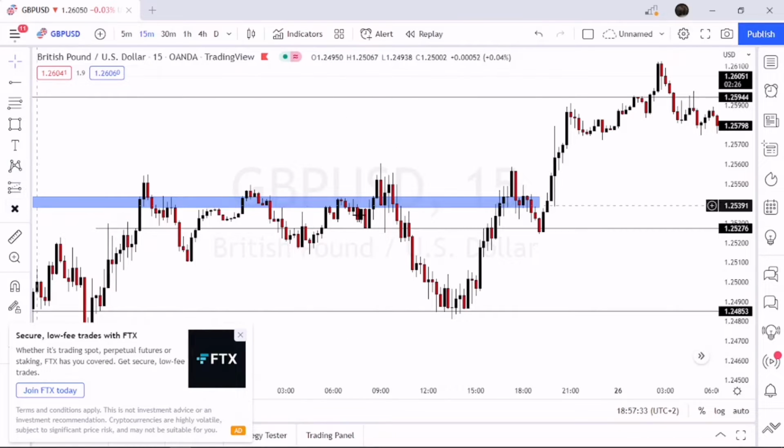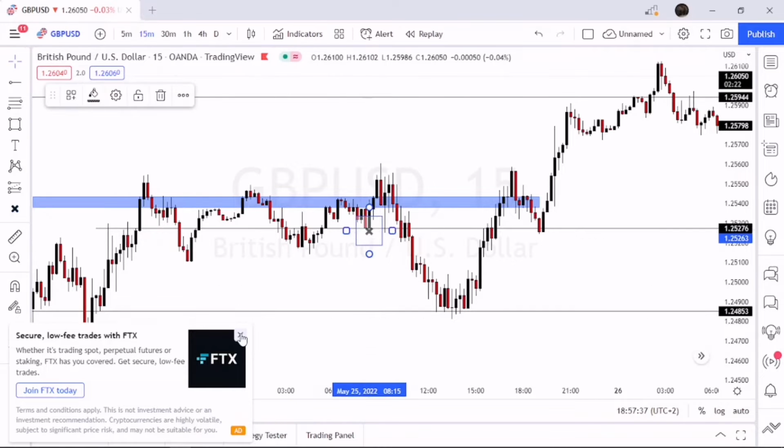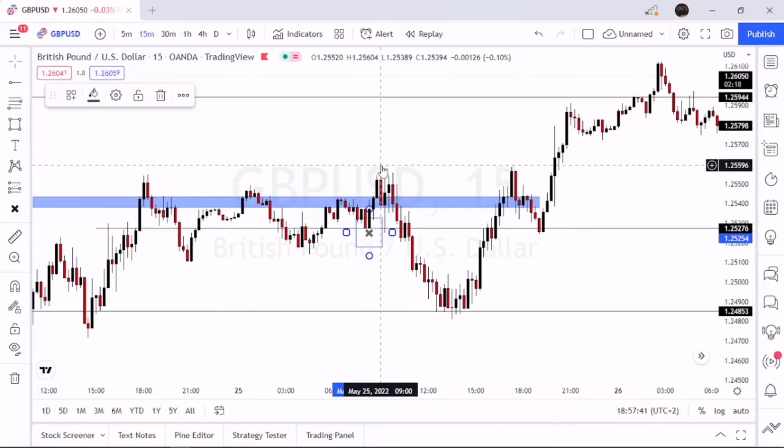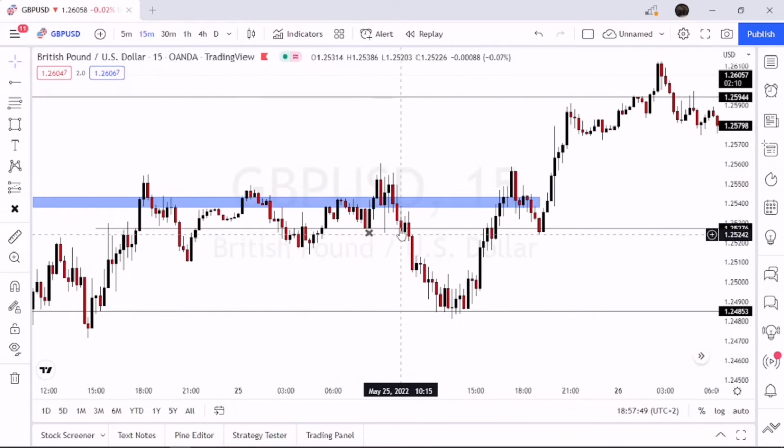Right here we can spot that this was the very last lower high that created this fake out, and it means a lot. That's why I was waiting for this level break, and then finally we had this break with the 15-minute candle close, immediate retest, and then immediate reaction from the market.